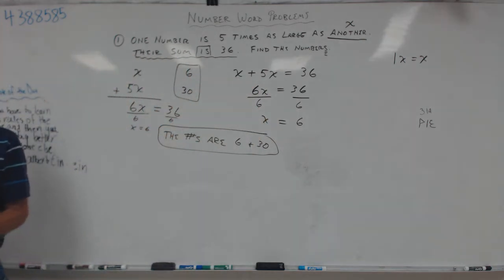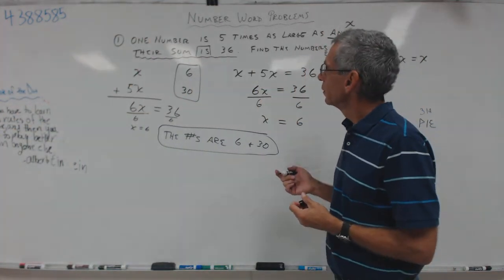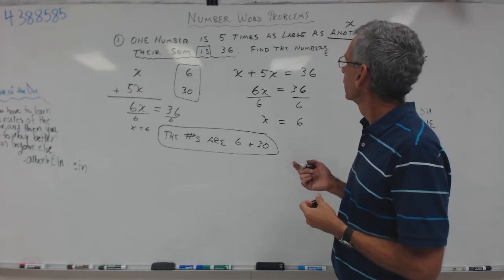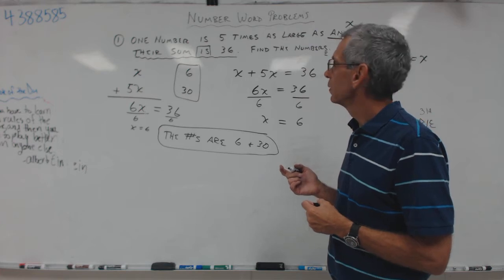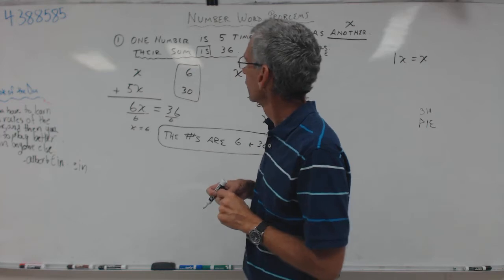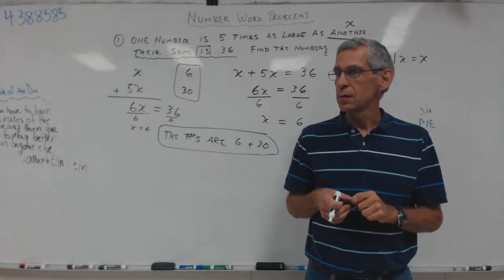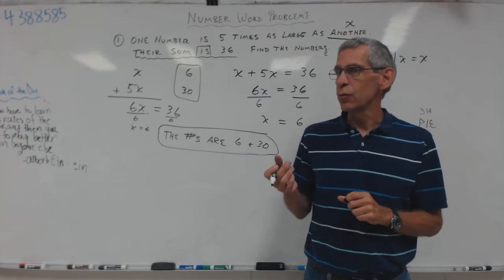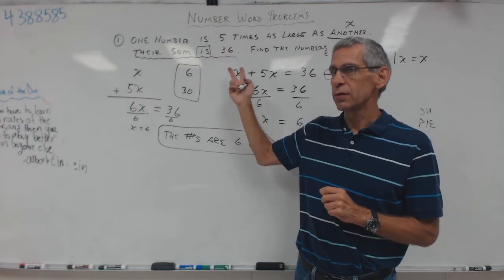Make sense? Yes. I got 7.2. How did you get 7.2? Because 5 times 7.2 is 36. But that's not what it's asking. It's asking for two numbers: what number times 5, plus another number.